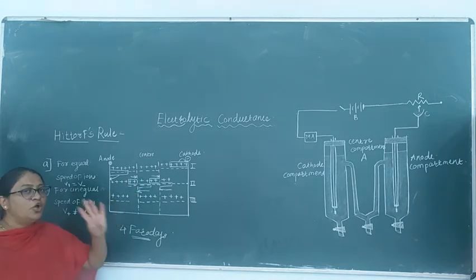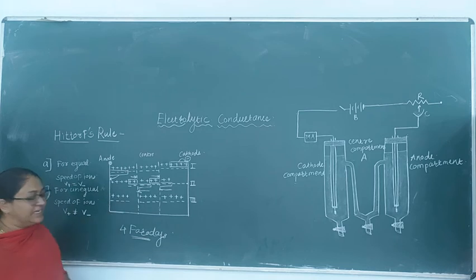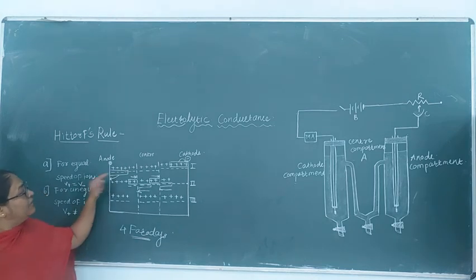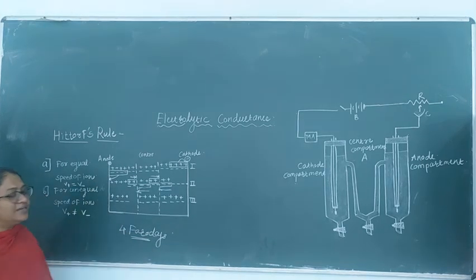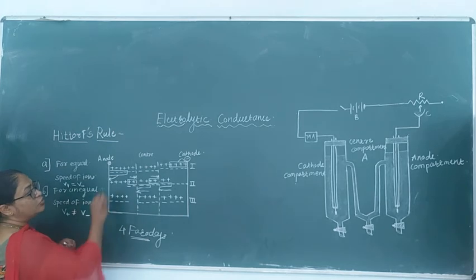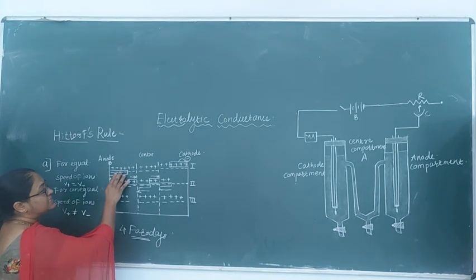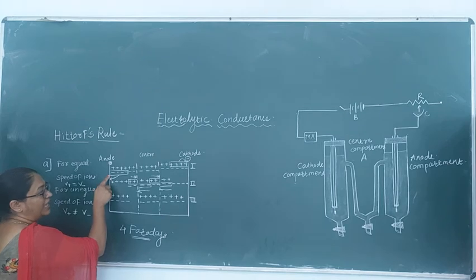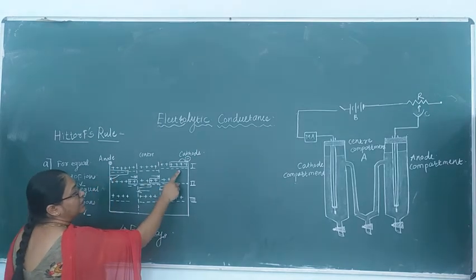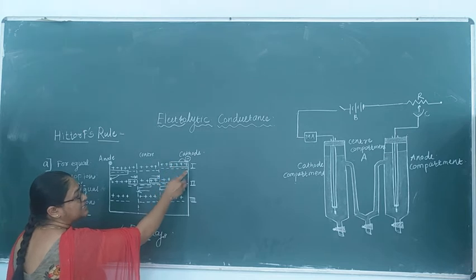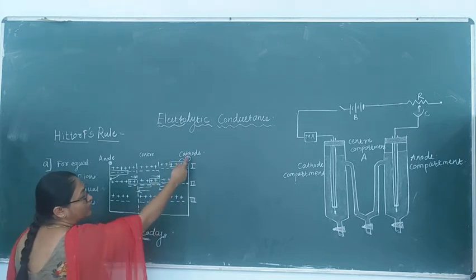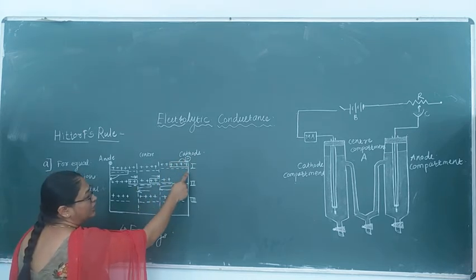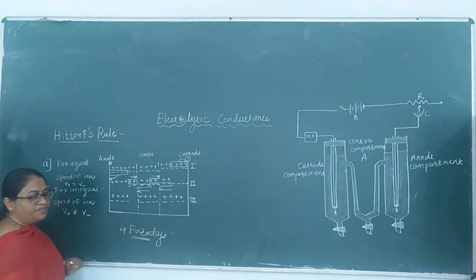And in the center, 4 positive and 4 negative. Then when we pass 4 Faradays of electricity, in the anode compartment, 4 anions leave their electrons and get deposited on the anode. Similarly, in the cathode compartment, 4 cations take up the electrons from the cathode and get deposited on the cathode. This is the first stage.